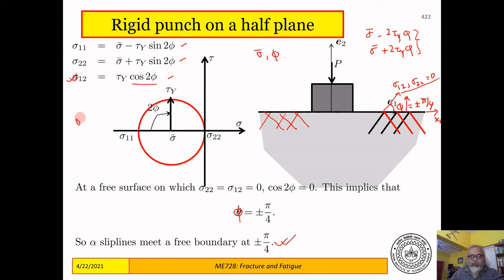So sigma 2 2 will be sigma bar plus tau y when phi is plus 45 degree, and minus tau y when it is minus 45 degree. Okay.